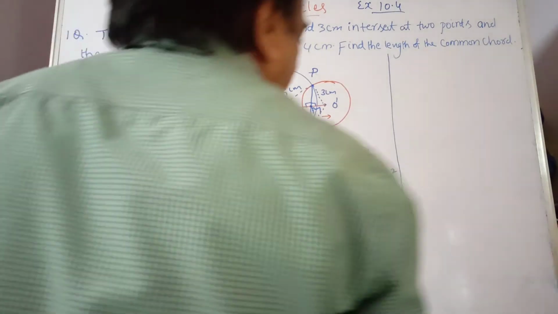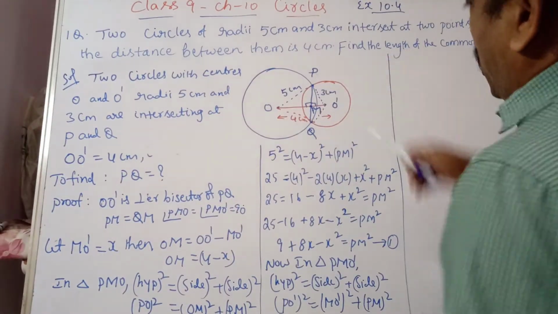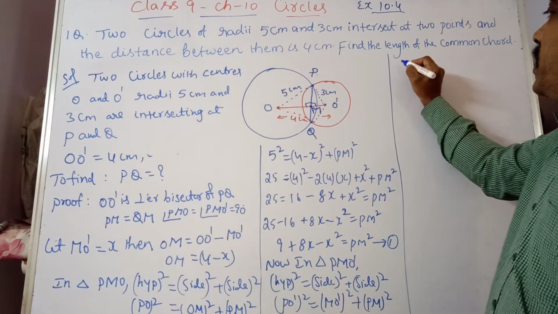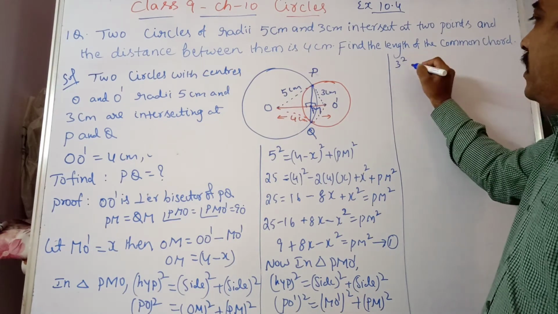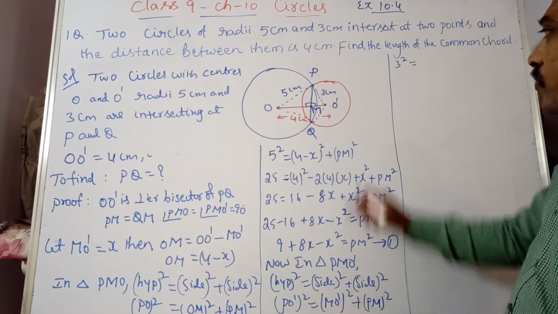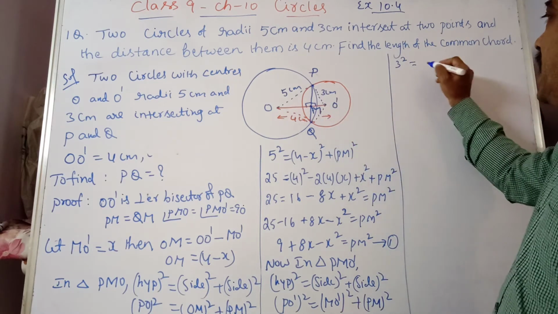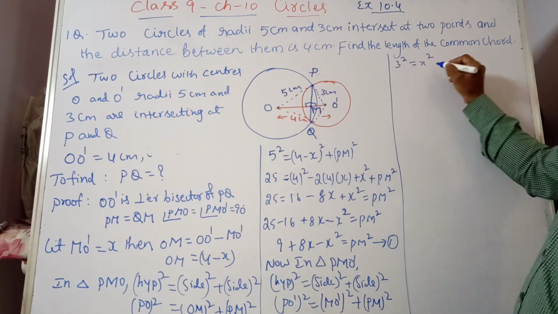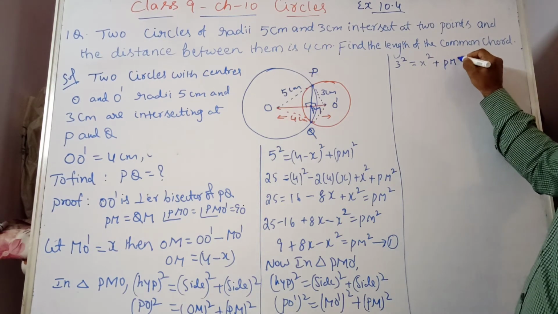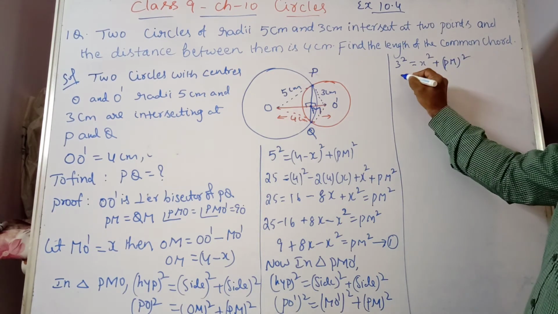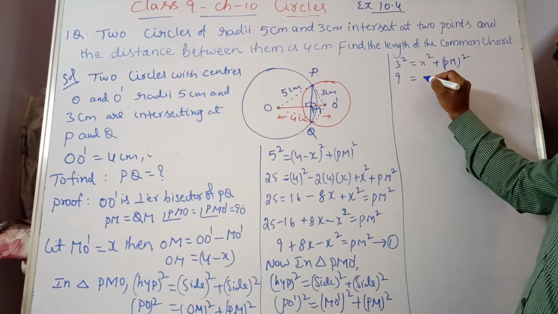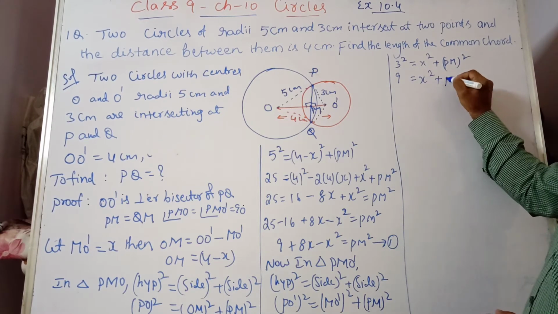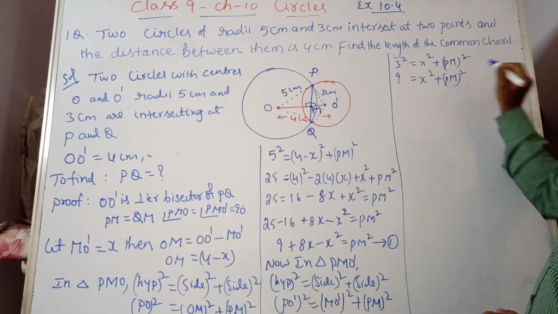Now PO' is the radius of the smaller circle. So I am substituting: 3 square is equal to x square plus PM square. Now 3 square is 9, so 9 is equal to x square plus PM square.